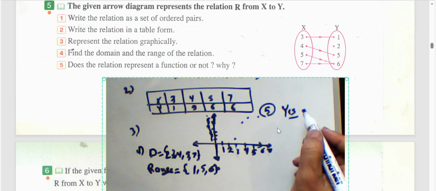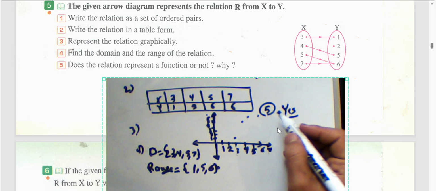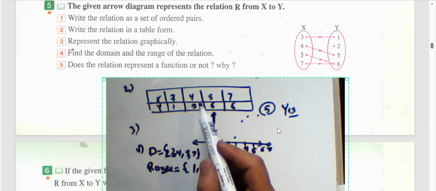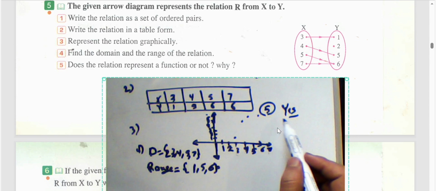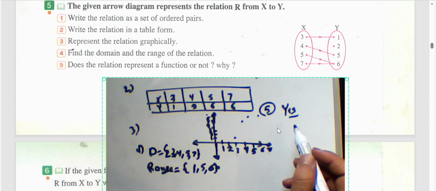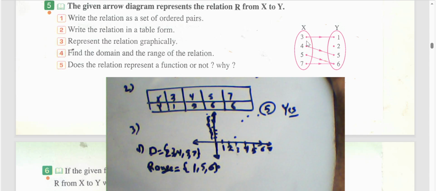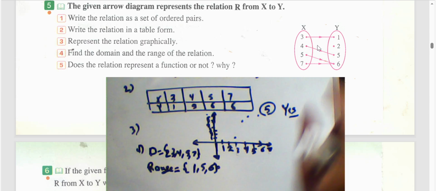You can write the reason: because every element in X has only one arrow coming out of it in the arrow diagram.